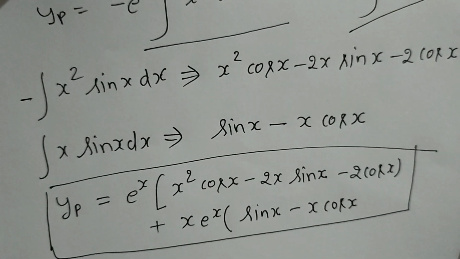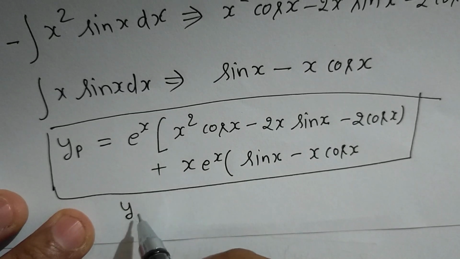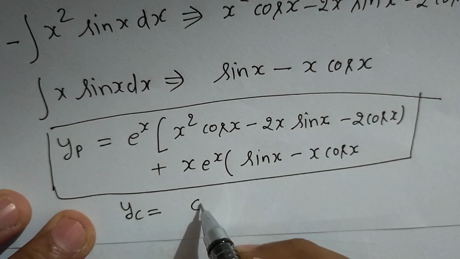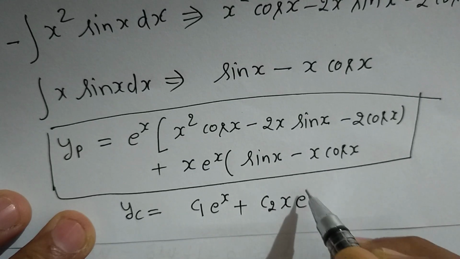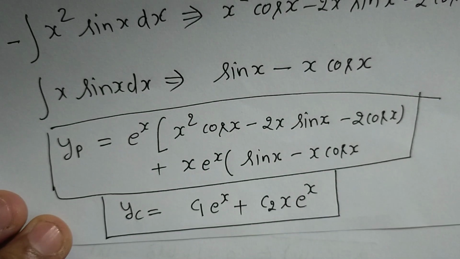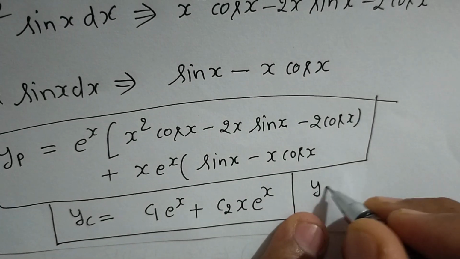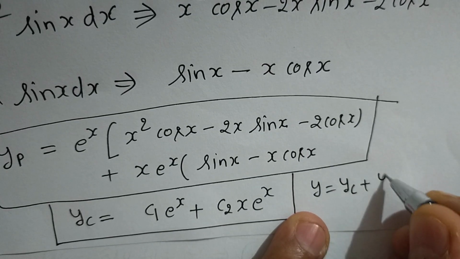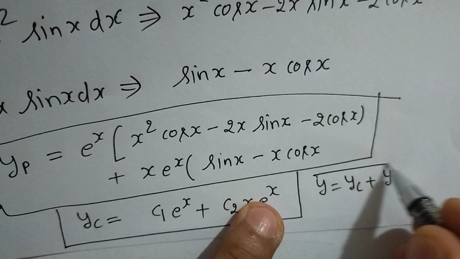And we have yc, the complementary function, that is c1 e power x plus c2 x e power x. So we already found this part, the complementary function. So the final solution y will be yc plus yp, complementary function plus particular integral.